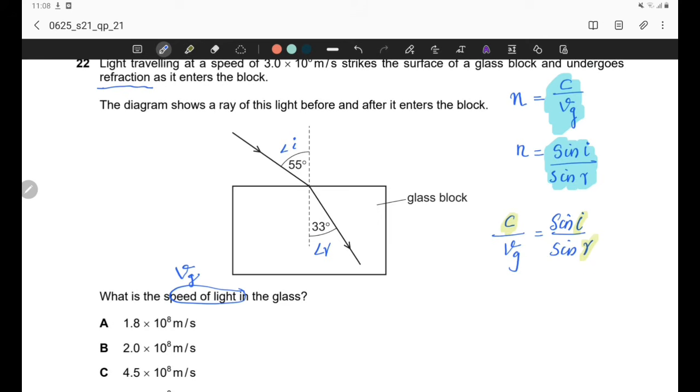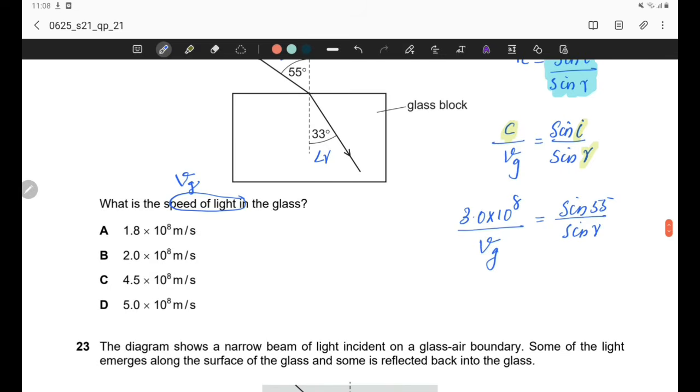So just substitute the values. C is 3 × 10⁸ over the speed of light in glass is equal to sine 55 over sine r. So 3 × 10⁸ over Vg equals sine 55 over sine r, which is 33. When you substitute, you will get 1.5.